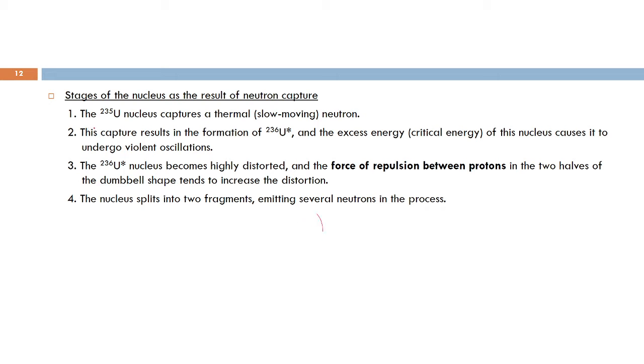So let's say this is uranium-235. This is the neutron, which captures the thermal neutron. Remember, uranium-235 fissions only by thermal neutron. So this leads to the formation of uranium-236.